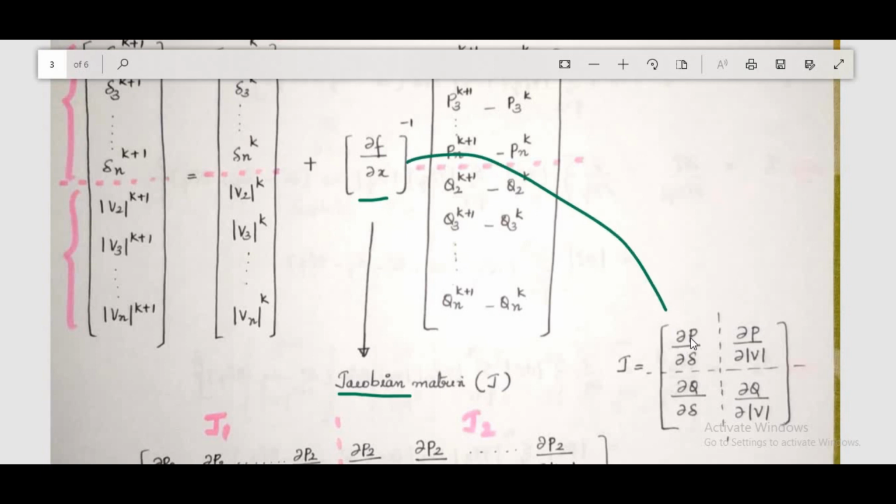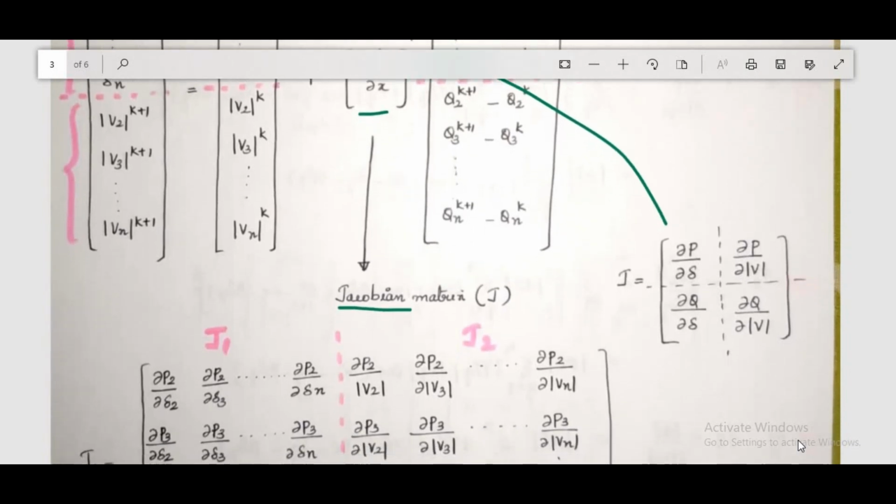The first function is P, and the first variable is delta. So dou P by dou delta, one term. Dou P by dou V, another term. And our second function is reactive power Q. So dou Q by dou delta, one term. Dou Q by dou V, another term. Since we have two functions and two variables, a single element in a Jacobian has now become a matrix with minimum 4 elements. Clear? Now, we will see to it now.